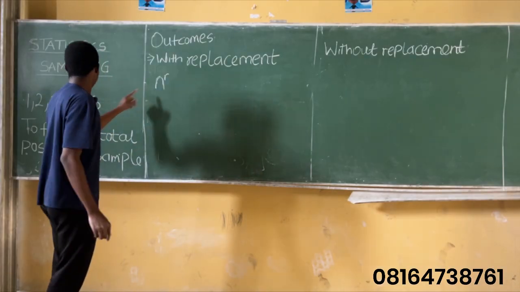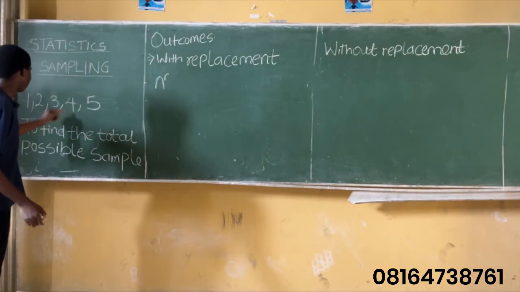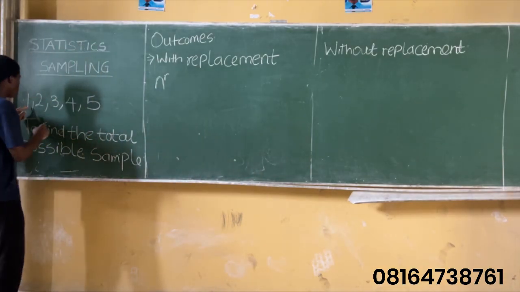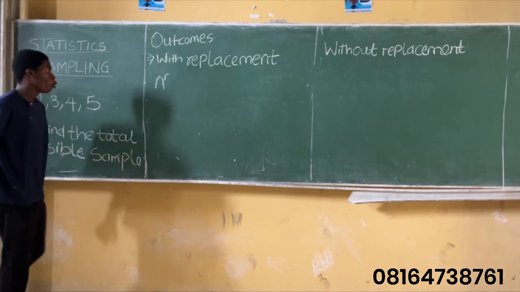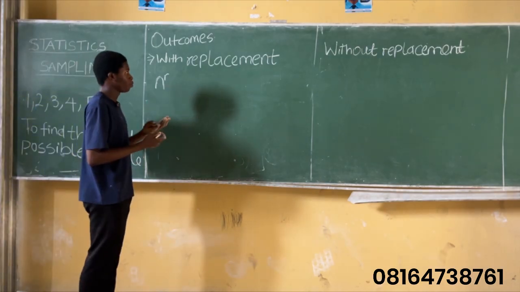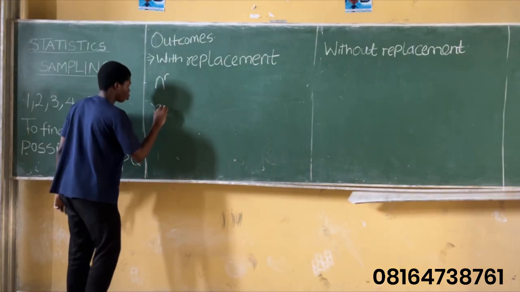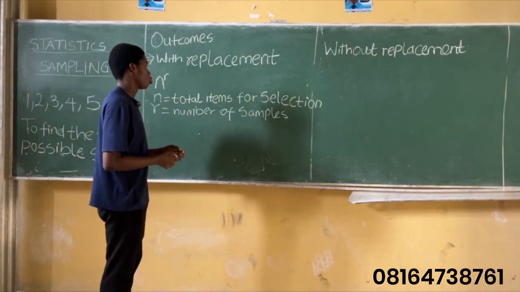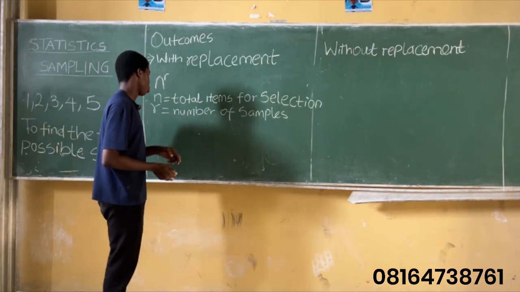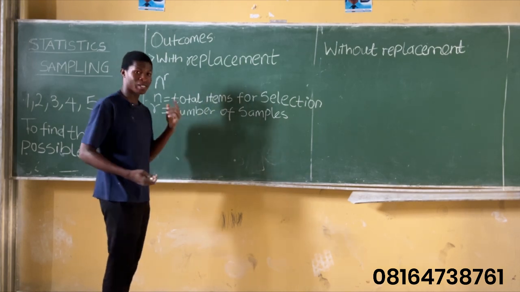We have 5 balls and we are tasked to find 3 samples. So N is the total items we are taking a selection from, while R is the number of samples.